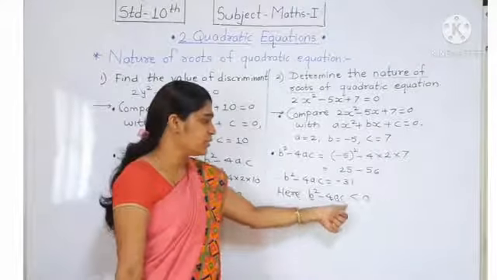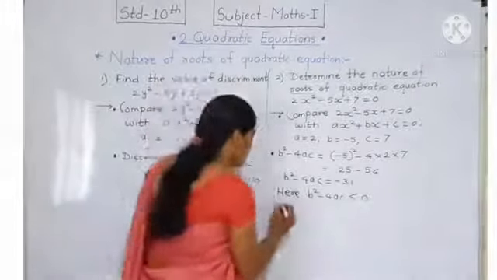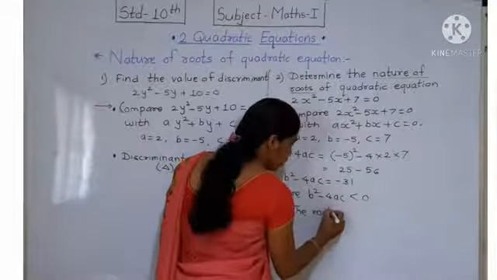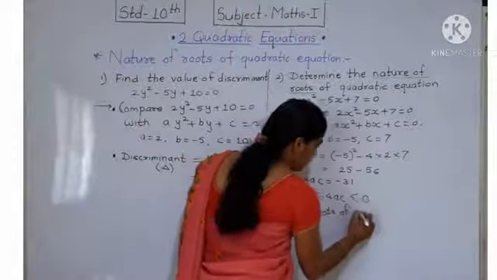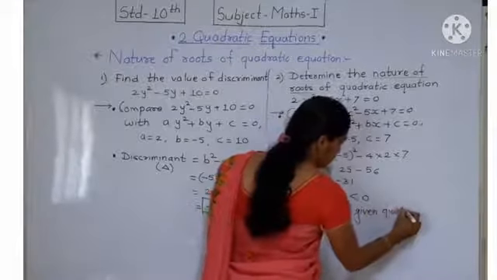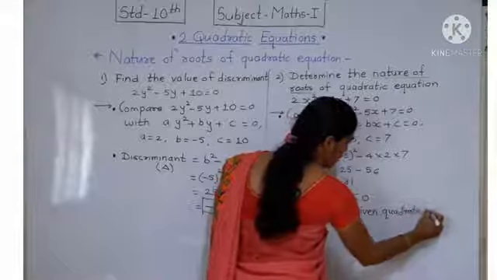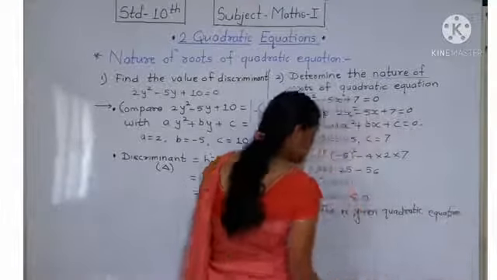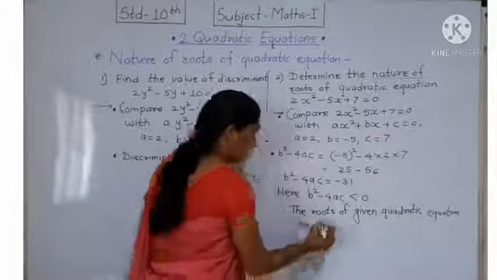If b square minus 4ac is less than 0, then therefore the roots of the given quadratic equation are, what are the roots?